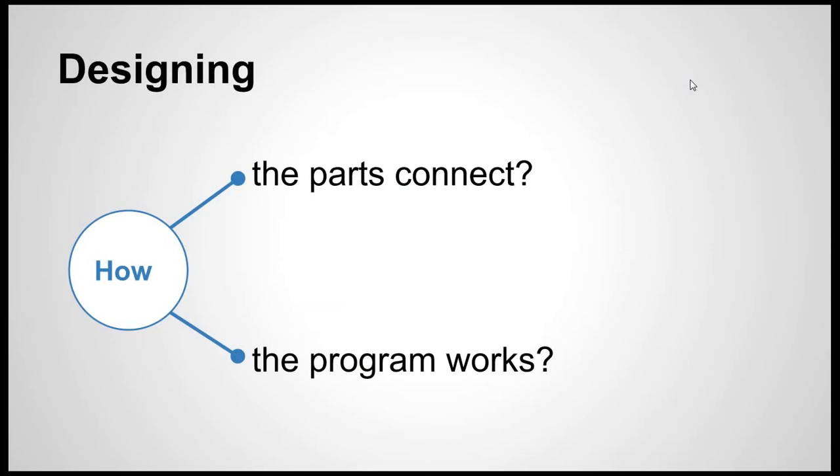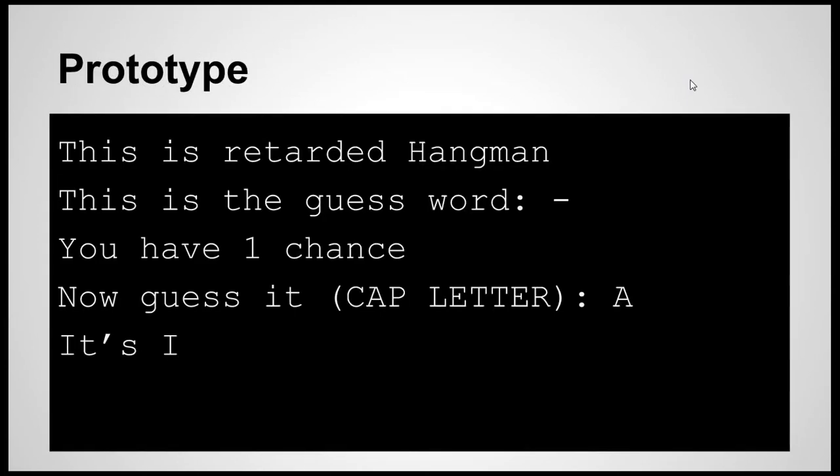The next phase is the designing phase, where we try to answer how all of the parts connect to each other, or how the program works. In this phase, you will try to have a model for our program. Okay? So we will start by writing a prototype.